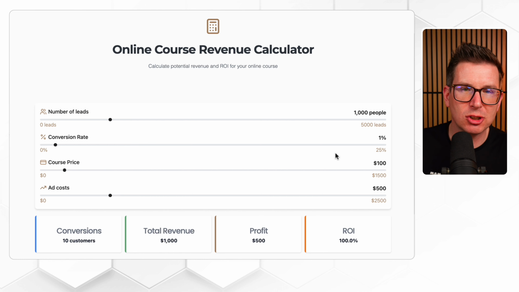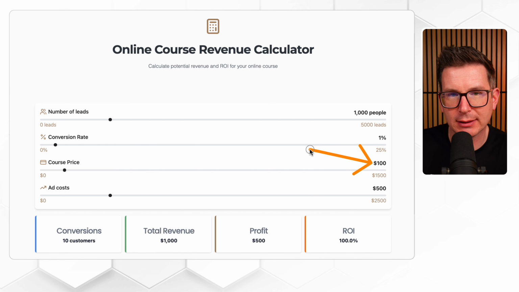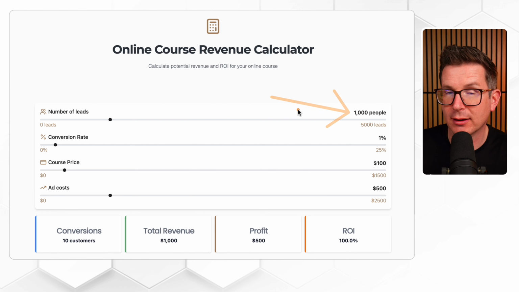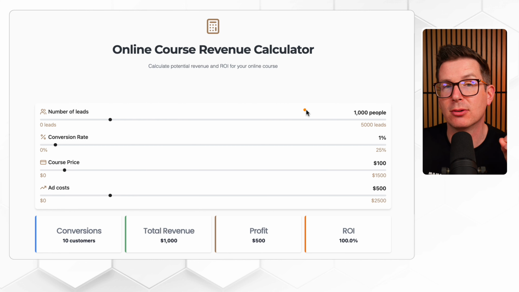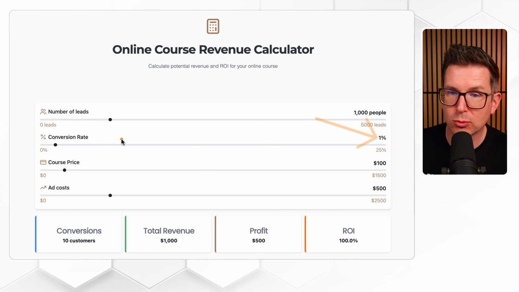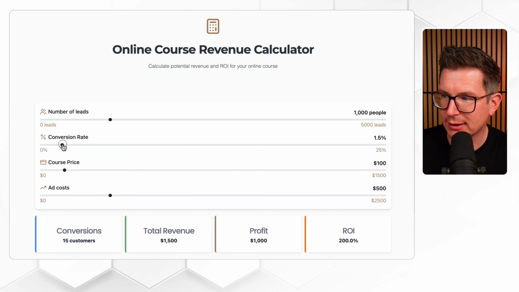So it's not just the actual price that dictates how much profit and how much revenue you get from your online course. It's actually the combination of the amount of reach you get to the right audience, your offer, obviously, because your offer will dictate how the conversion is playing out.